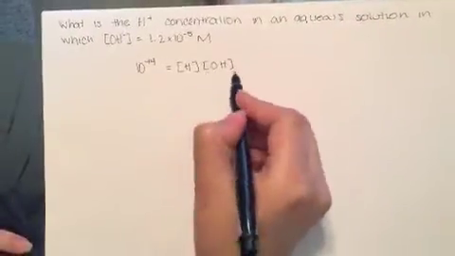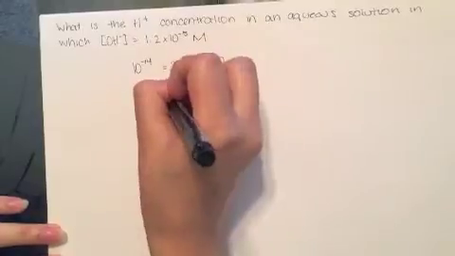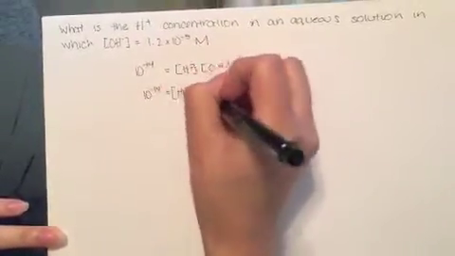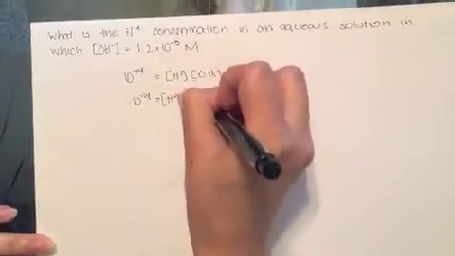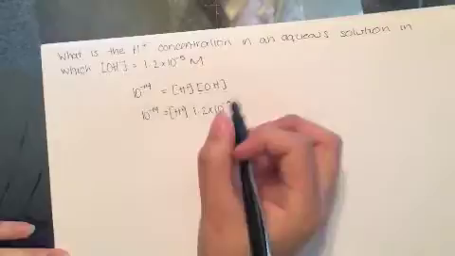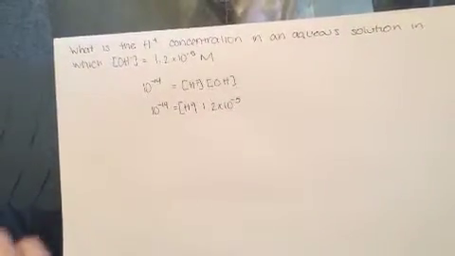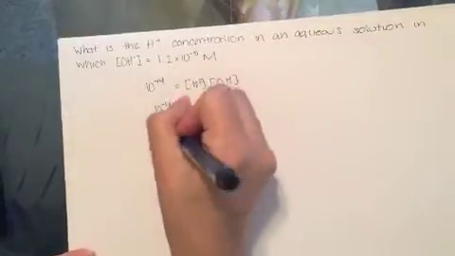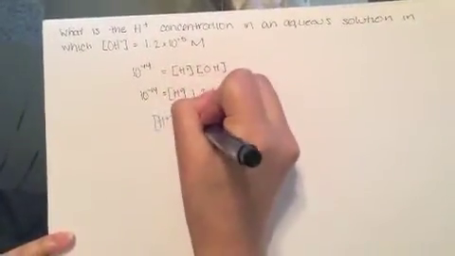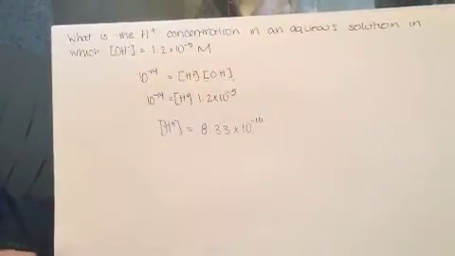So you have OH, so you just plug it in. And then you divide by 1.2 times 10 to the negative fifth on each side, and your answer comes out to 8.33 times 10 to the negative 10.